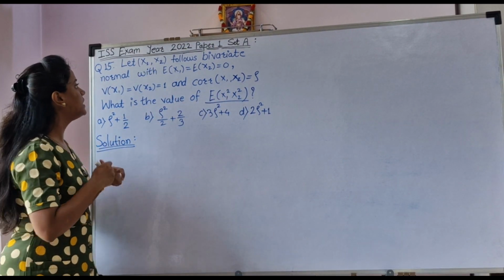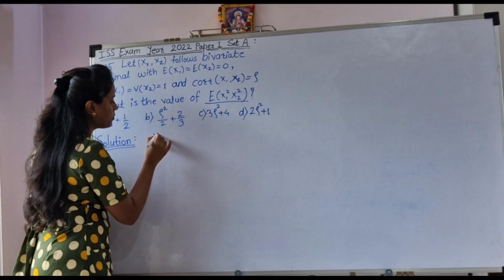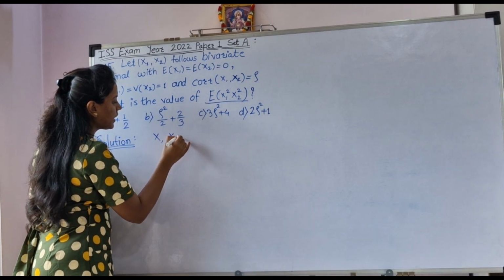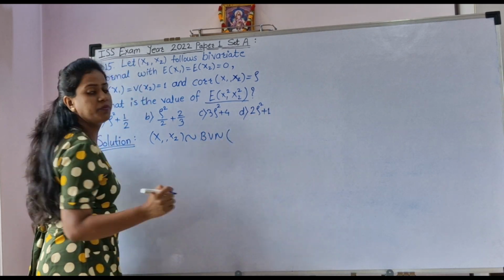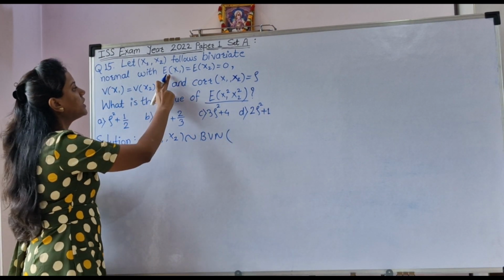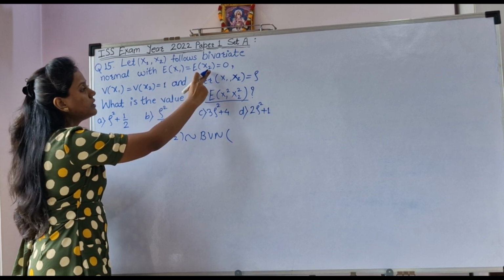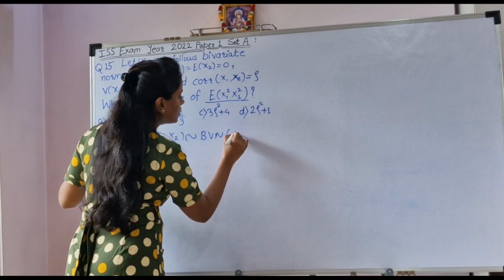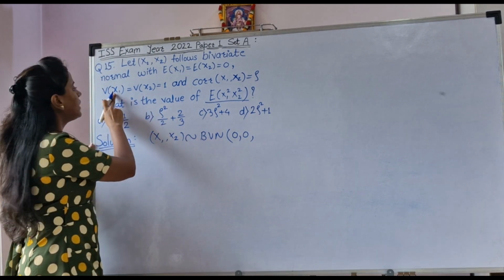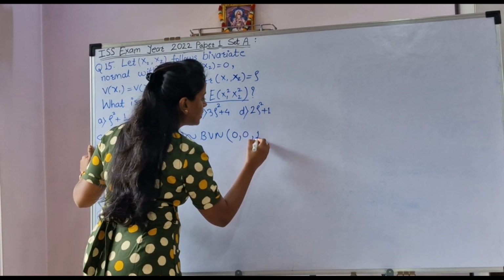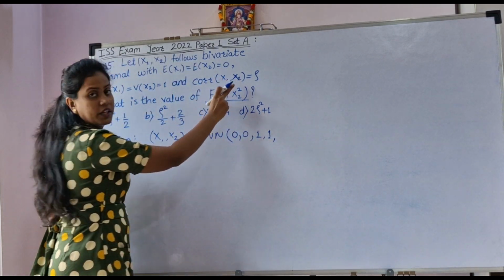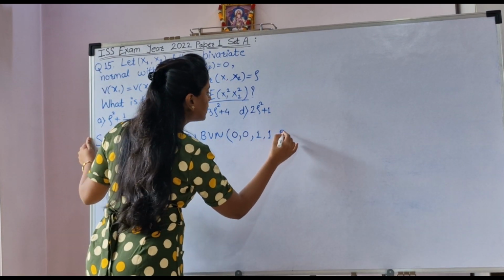Here it is given that the two variables X1 and X2 follow a bivariate normal distribution. Which are the parameters? Here the means mu1 and mu2 are 0, so 0 0. Variance of X1 is 1, variance of X2 is 1, and correlation between X1 and X2 is rho.